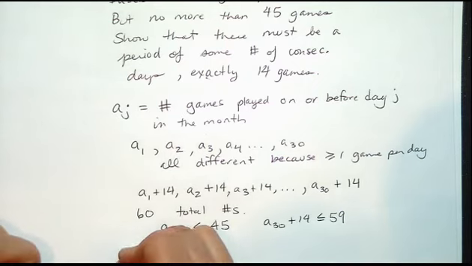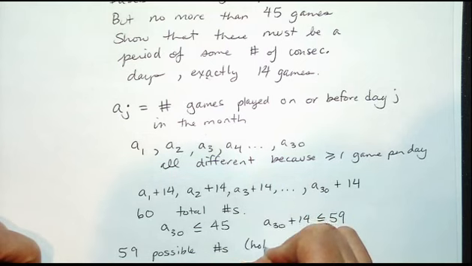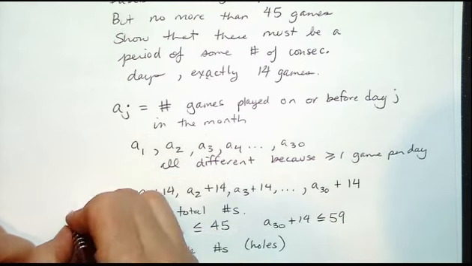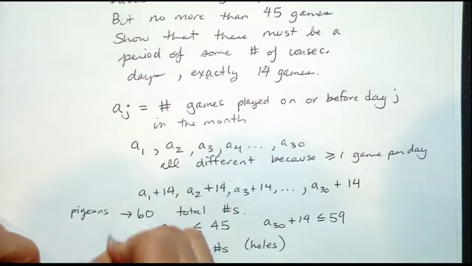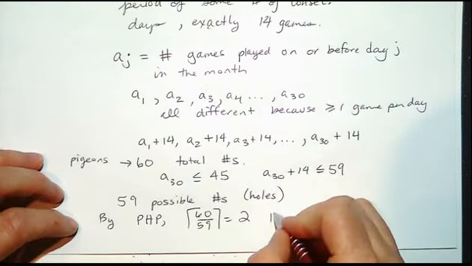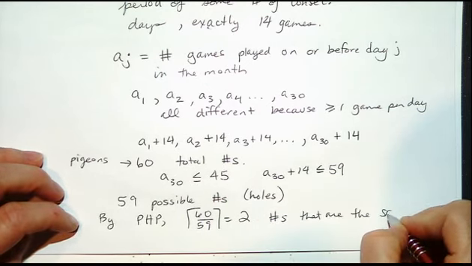So there's only 59 possible numbers. That's the holes, and the pigeons is the number of numbers that we have. So by the pigeonhole principle, we have the ceiling of 60 over 59 equals 2 numbers that are the same in these two lists.